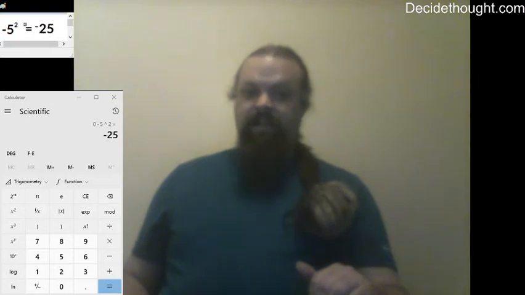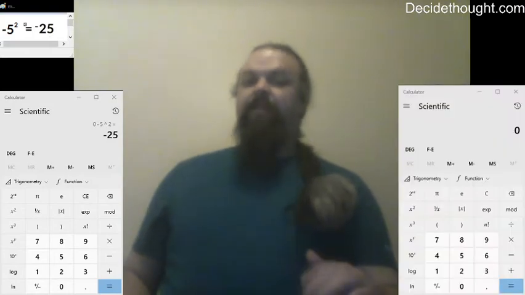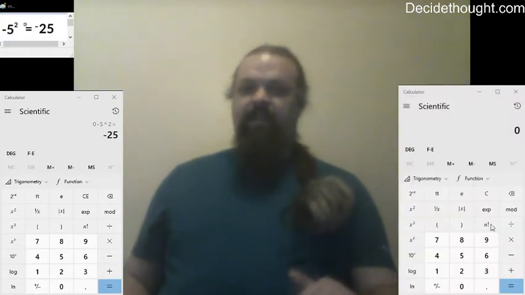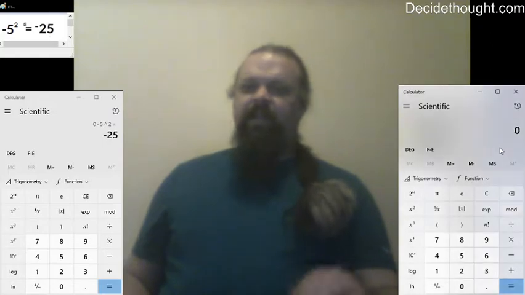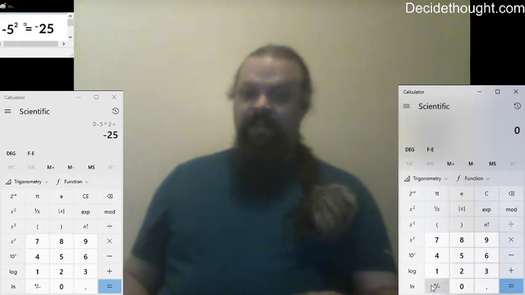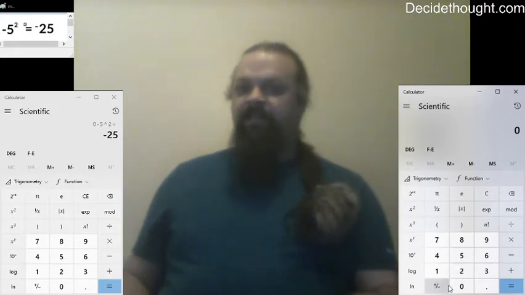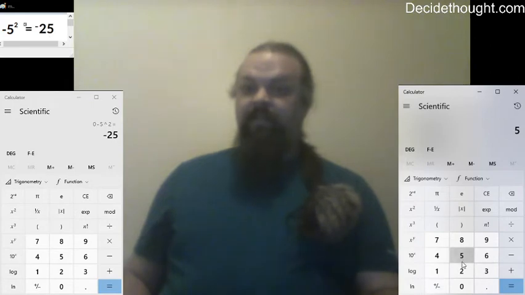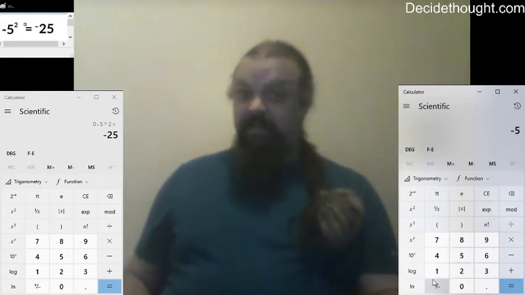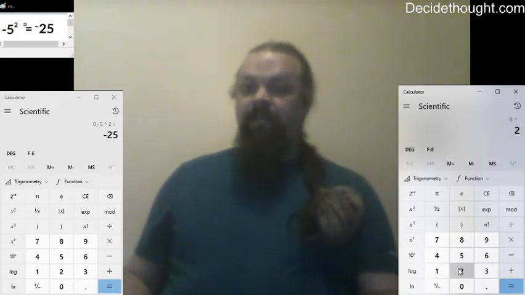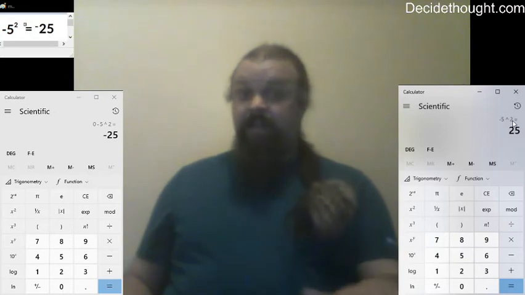So let's get our second calculator out. Yeah, there we go. Already cleared for us. Great. So we're going to say not minus 5. We're going to see this little plus minus button down here? This means positive negative. We're going to go 5, make it negative, raised to the power of 2 equals negative 5 squared. This is exactly what it means here.